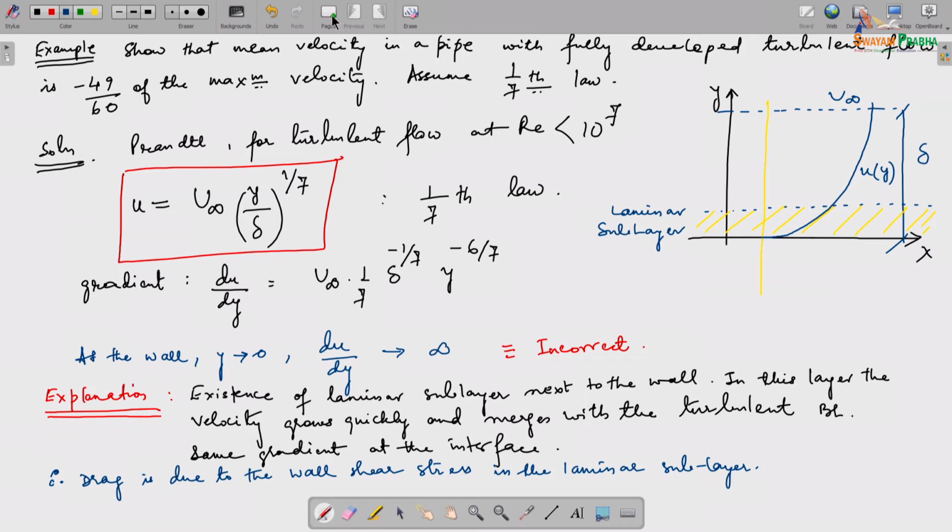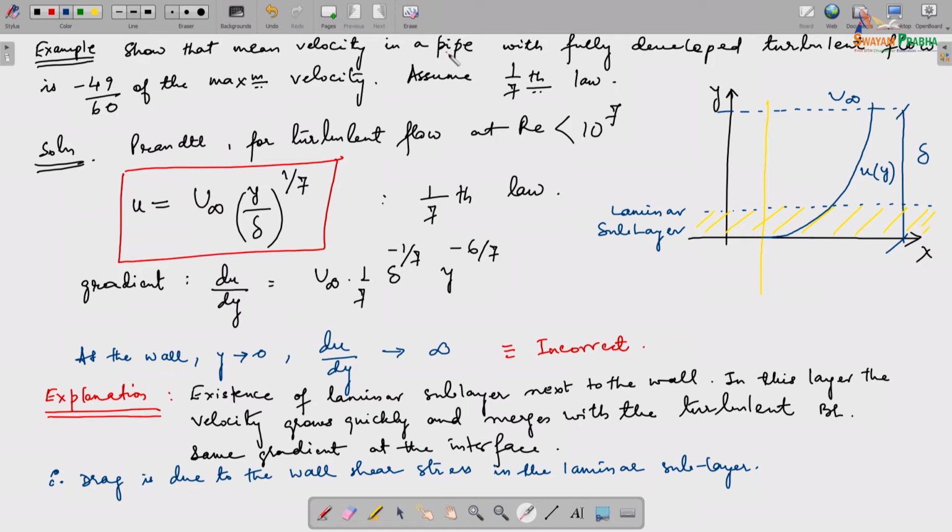So, with that, now let us look at what the problem is. So, what is being asked of us. So, show that the mean velocity in a pipe with fully developed turbulent flow is a certain fraction of the maximum velocity, which is the free stream, assuming the 1/7 law.